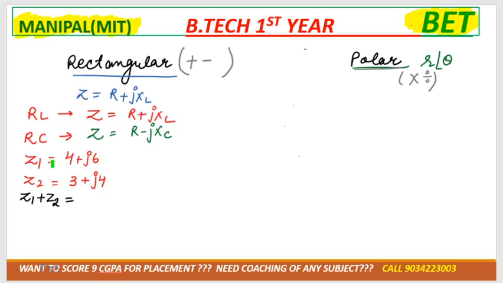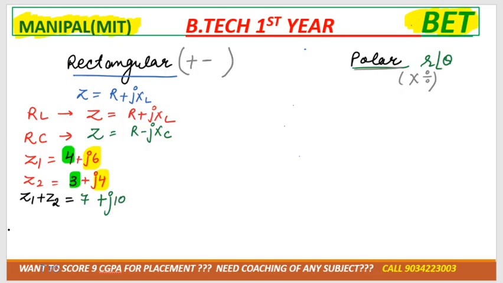So 4 is the real component, 3 is also a real component. We'll add real component with the real component, that is 4 plus 3 is 7, then we'll add imaginary component with the imaginary component. J sign is denoted by the imaginary, and that would be plus J10.